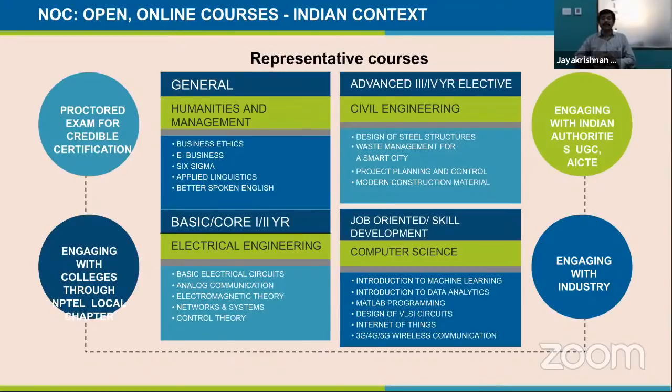The next and most important part that we have done in terms of partnership is the engagement with several industries. So the industry partnership goes right from something called corporate social responsibility funding, through which they support scholarships for needy learners. And it can go to the extent that some of these industries have co-offered courses with IIT faculty through the NPTEL platform. So courses like IBM's blockchain course, then there was a Google course on cloud computing.